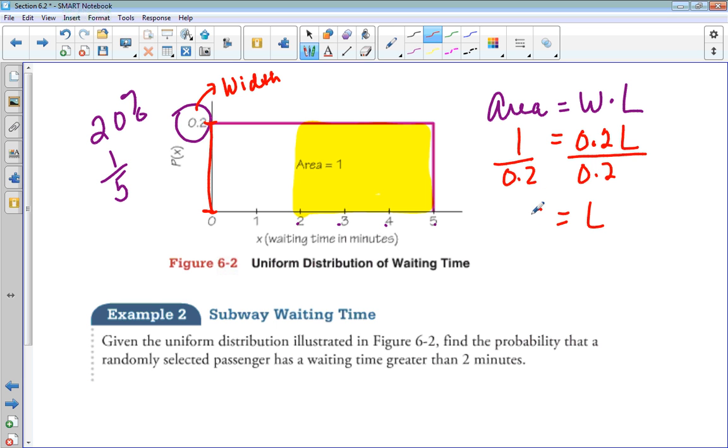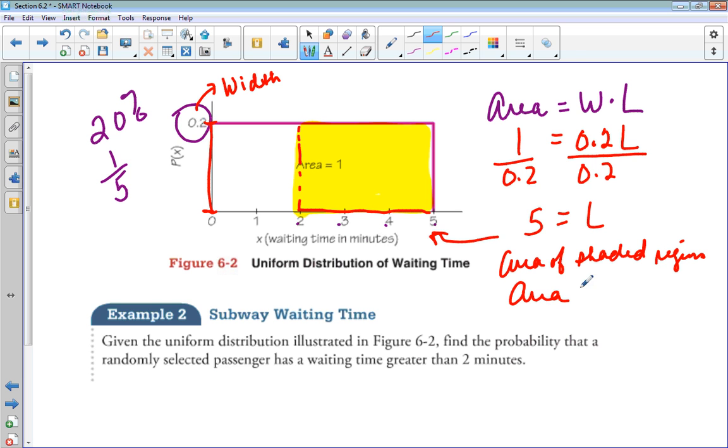And guess what? That's exactly what it tells us here. The entire length is 5. So to find the area of the shaded region, we're going to figure out that it's 1, 2, 3, 3 times the width, which is 0.2.